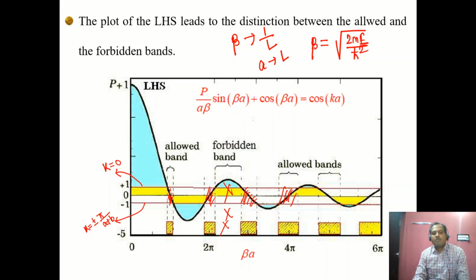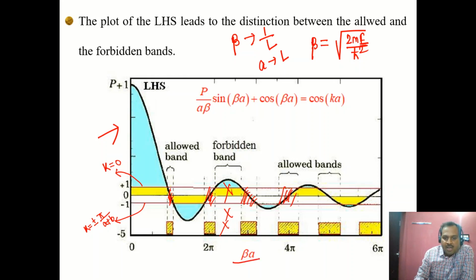These are the forbidden regions. This is how we can explain the existence of the forbidden band or the band gap in an insulator or a semiconductor.